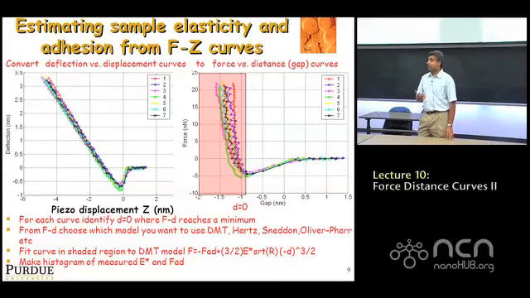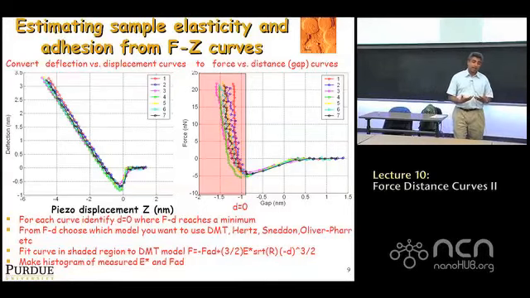And the typical way to get a tip radius is you do really high resolution imaging. There are many ways to get a tip radius. We'll probably talk about it later in the class, but you probably don't want to use what the supplier suggests to you because it's going to be off completely. So you want to take very high resolution scanning electron microscope images of two orthogonal planes of the tip, because a tip can appear sharp this way, but you look at it in another plane, it can be more like a wedge.